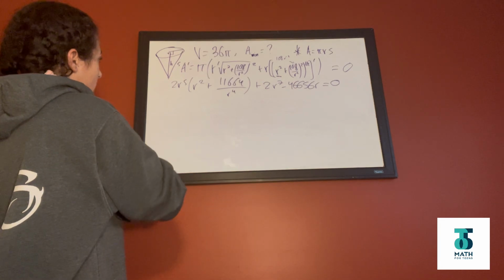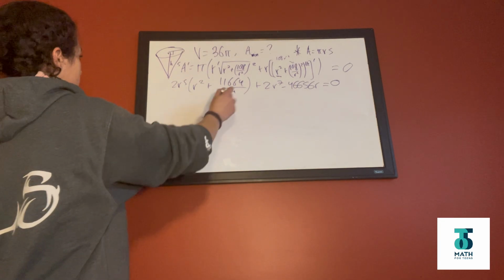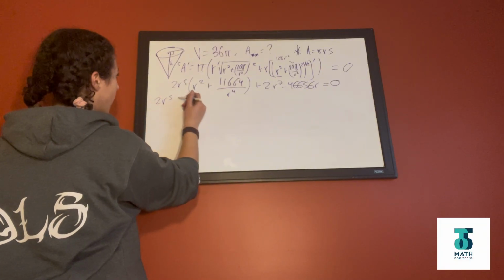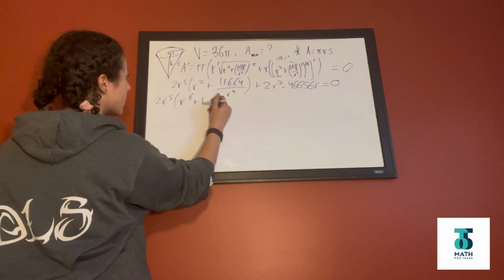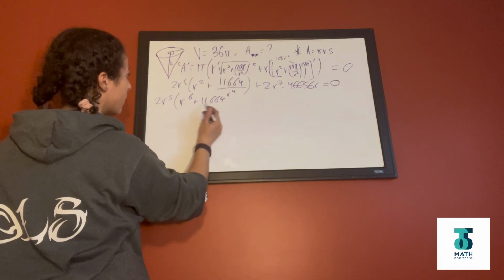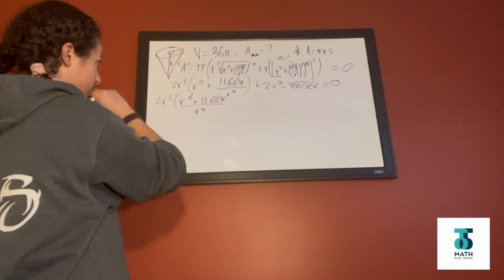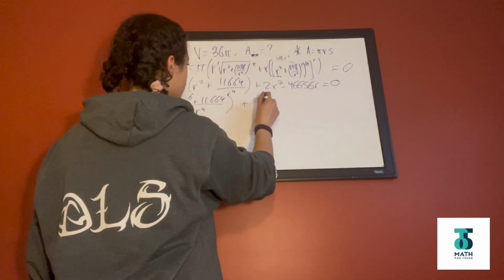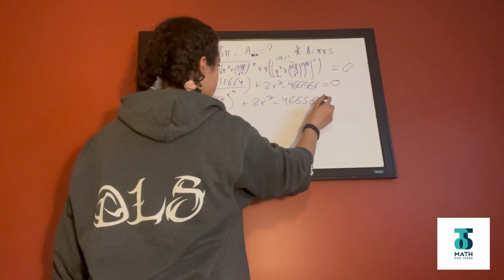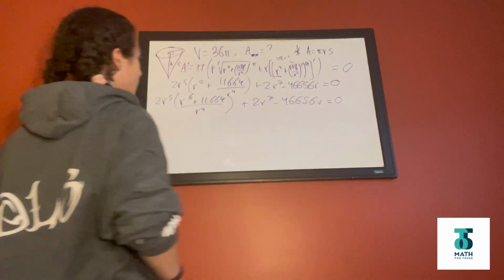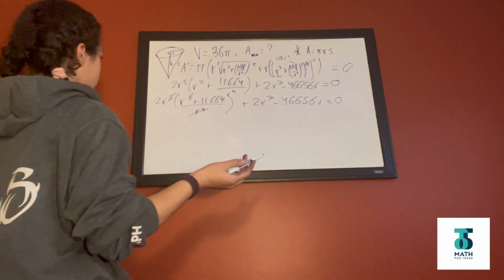Okay, maybe what I want to do is bring these two to a common base. So I have 2r to the 5 times r to the 6 plus 11,664 on r to the 4. So it's just going to cancel with this. Plus 2r to the 7 minus 46,656r equals 0. So these pretty much cancel.